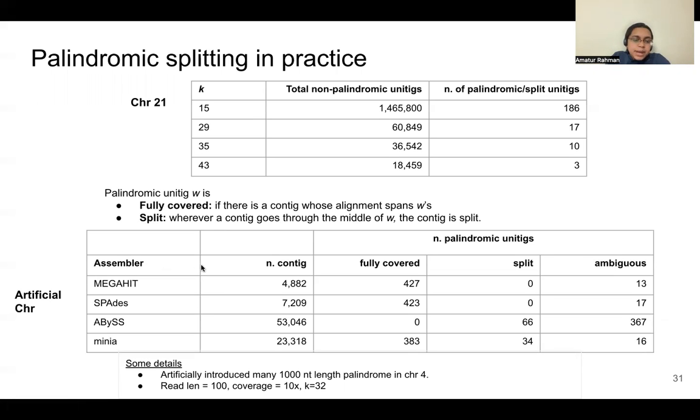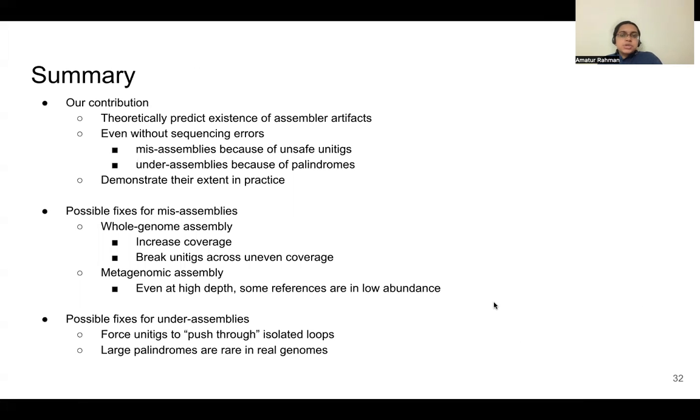So for assemblers MEGAHIT and SPAdes, we see most of the palindromic unitigs are fully covered and none of them are split. For Abyss and Minia, we do see some split palindromic unitigs, so that does confirm that palindromic splitting occurs in practice.